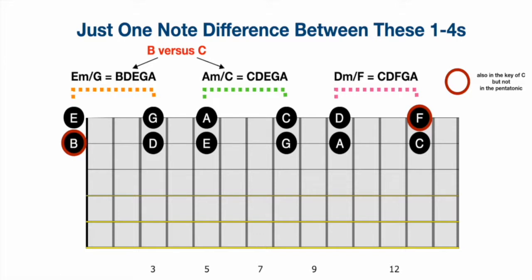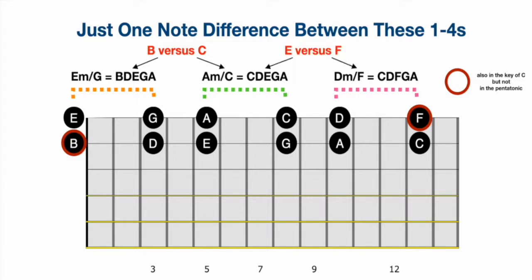There's a B in that pentatonic, but in the A minor C, there's a C. The A minor C pentatonic has A, E, G, and C in it, and the E minor G has at least 3 of those notes, the D, G, and the E. The B will also sound good because it's also in the key of C. It just doesn't have to be part of the pentatonic scale of C or A minor.